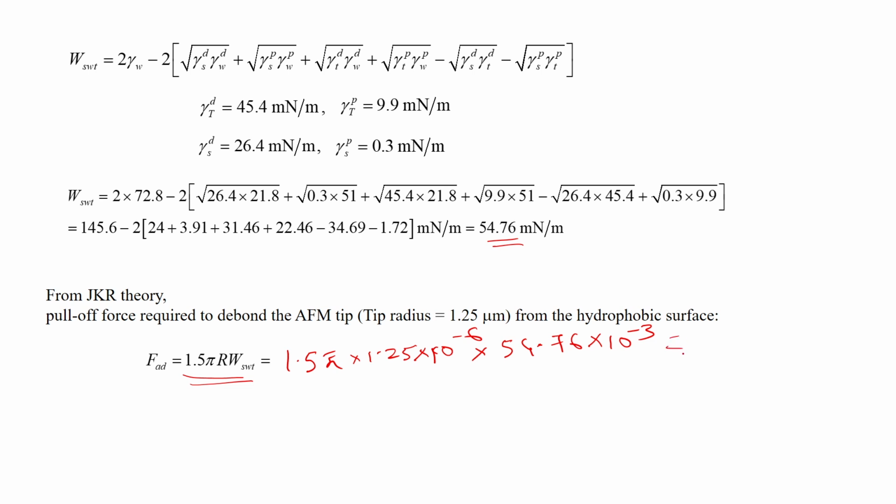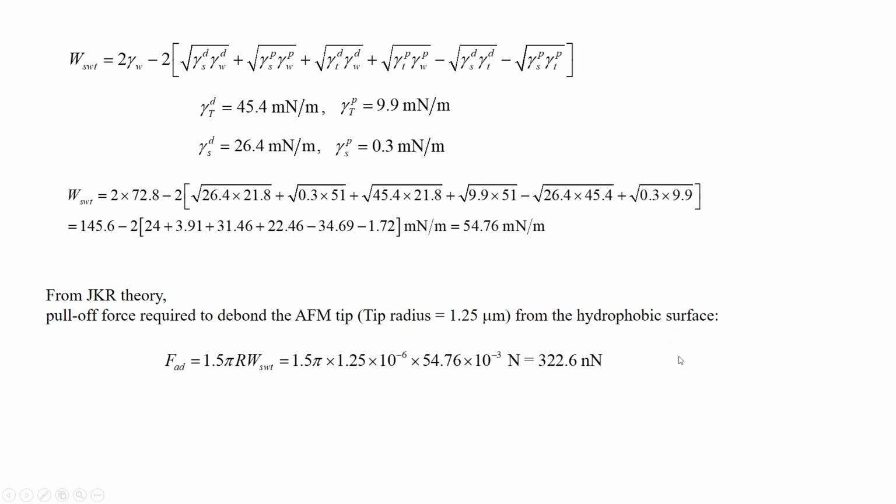If you do all that, you get the result in Newton, and this value comes out to be 322.6 nanonewton. That is the amount of force required to be applied to separate this BSA functionalized tip from this hydrophobic surface.